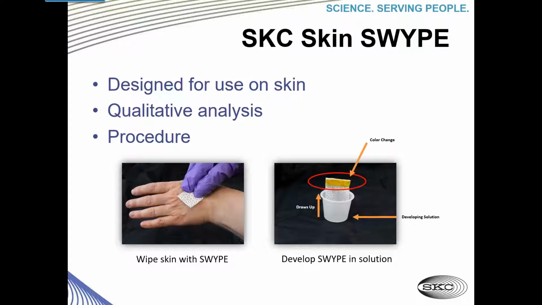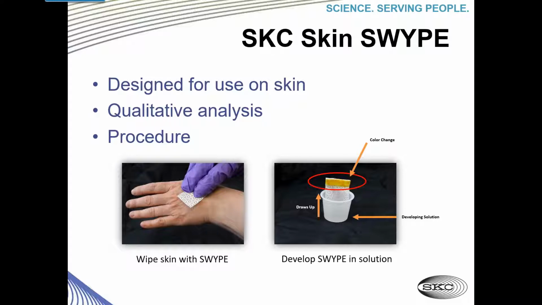Okay, the SKC skin swipe. Different from the surface swipe, the skin swipe, of course, is for the skin. It's safe to use on the skin. It's a qualitative analysis again, and the procedure is as follows. You take the swipe and you apply it to the skin, okay? And then you put that swipe into a cup that has the developing solution.